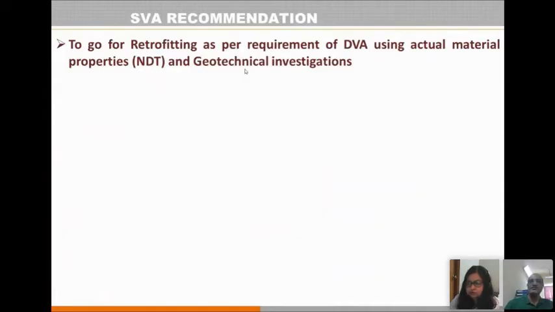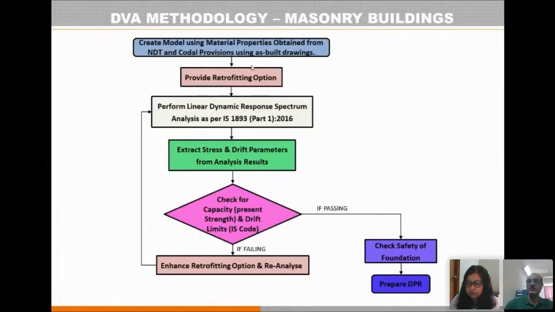After the reanalysis, you have to ensure that you are complying with all the criteria discussed. Primarily, a simplified vulnerability assessment is generally done, and when your structure is passing, there is no need of going to the detailed vulnerability assessment. But if your structure is not complying with the present codal provisions, then there is an essential need to go for a detailed vulnerability assessment.